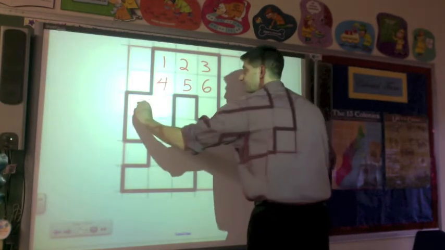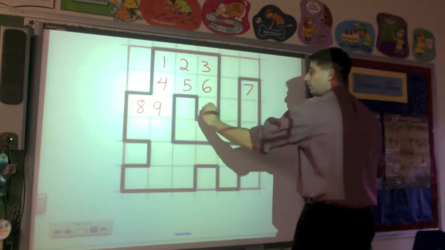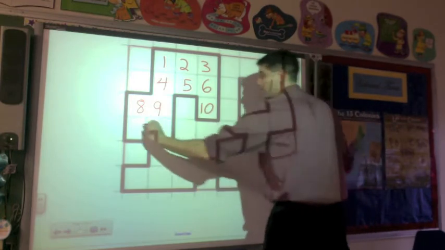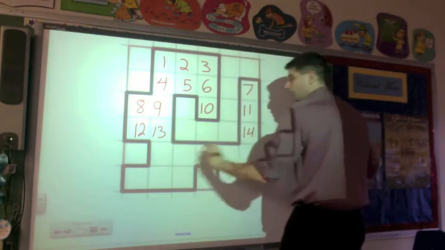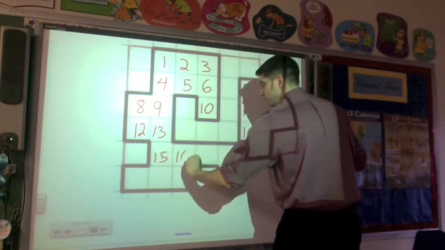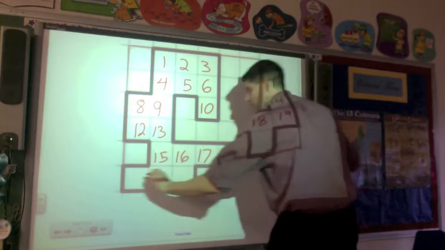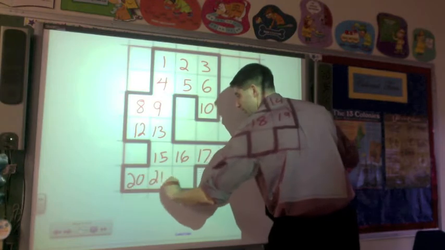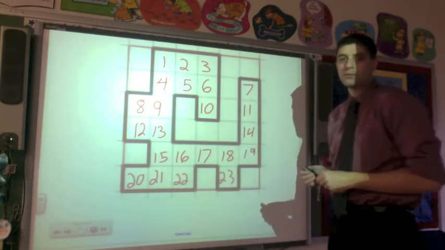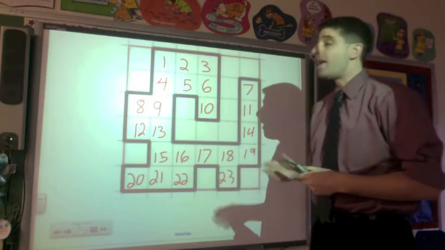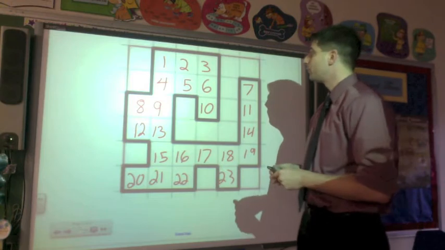There's 7, 8, 9, 10, 11, 12, 13, 14, 21, 22, and 23. We can say that the area of this shape is 23 square units.